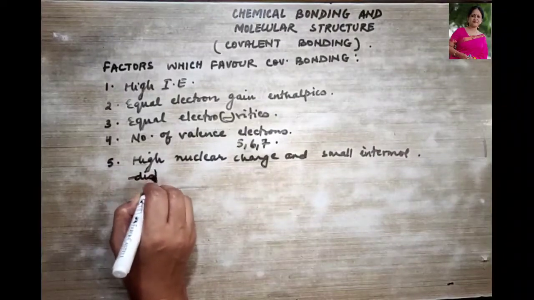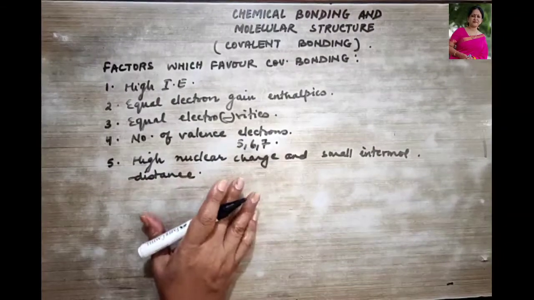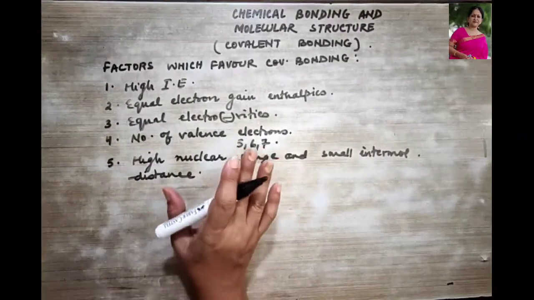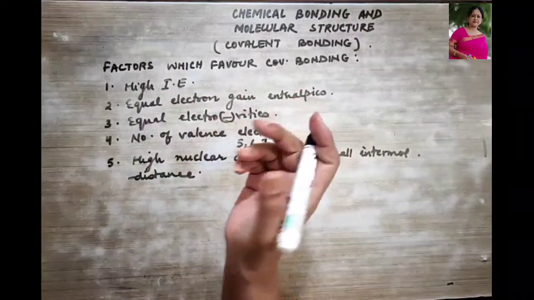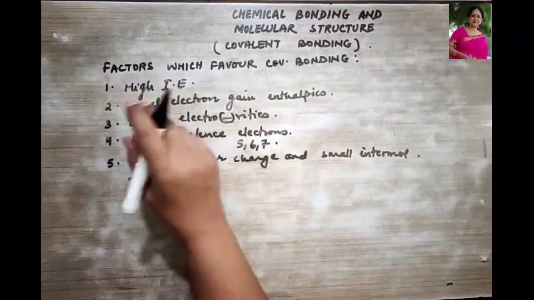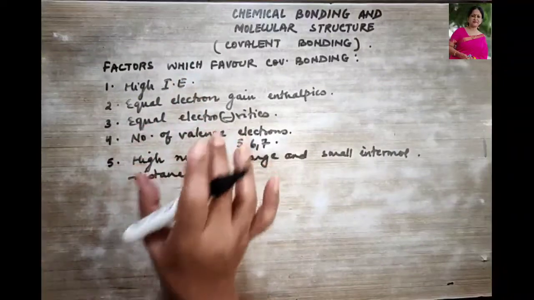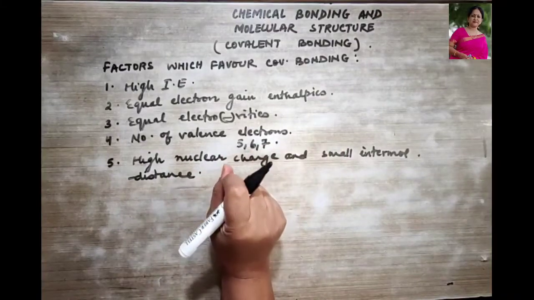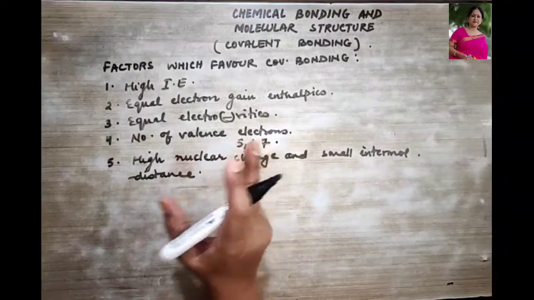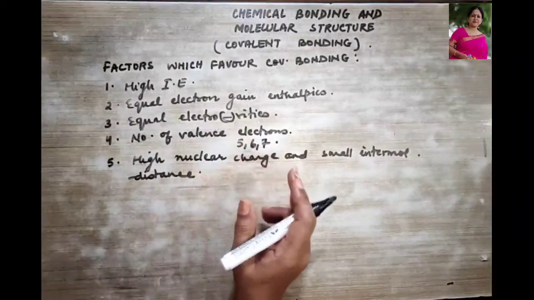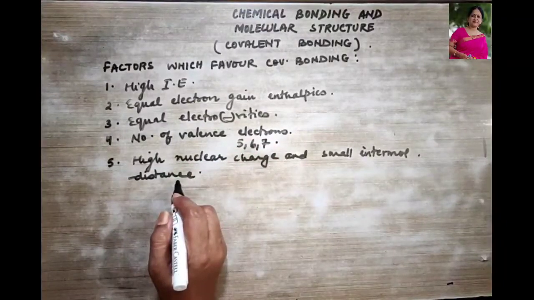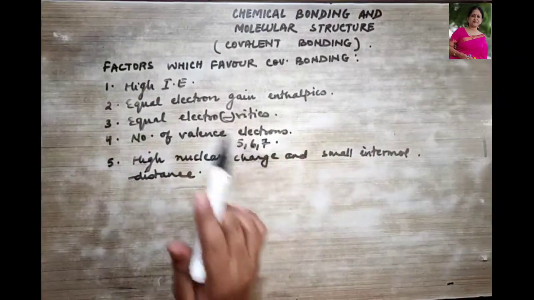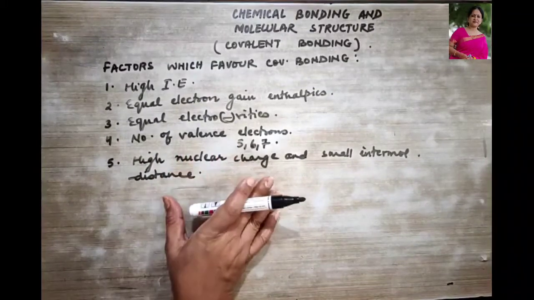During the formation of a covalent bond, the electron density gets concentrated between the nuclei of the combining atoms, correct? This electron charge is responsible for holding the two nuclei together. Therefore, the higher the nuclear charge and the smaller the internuclear distance between the two atoms, the more it favors covalent bonding. So these are some of the factors which favor covalent bonding.